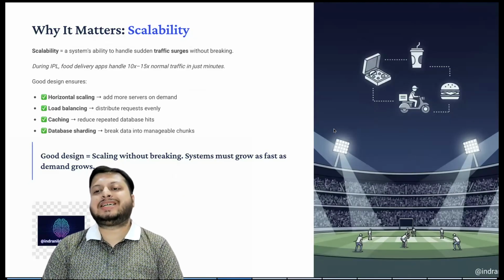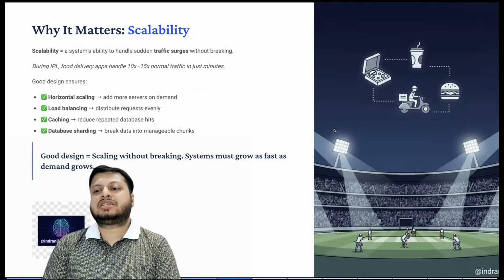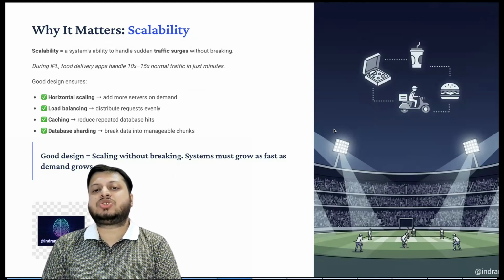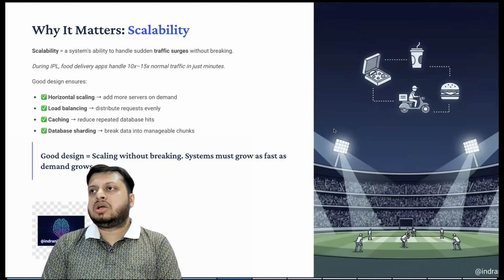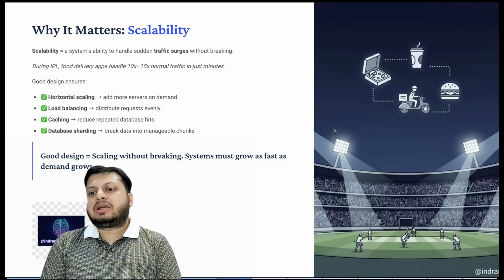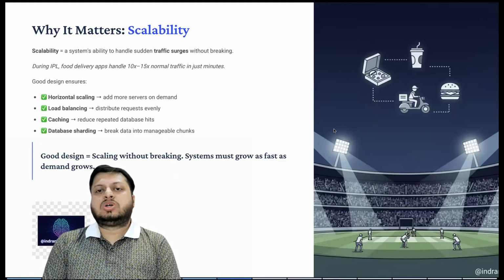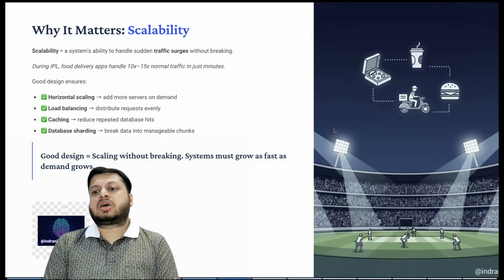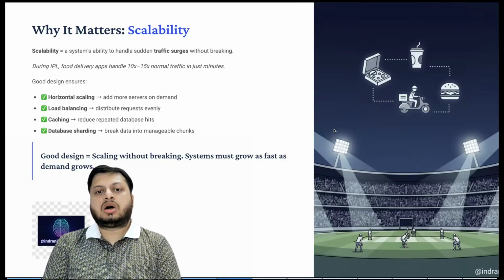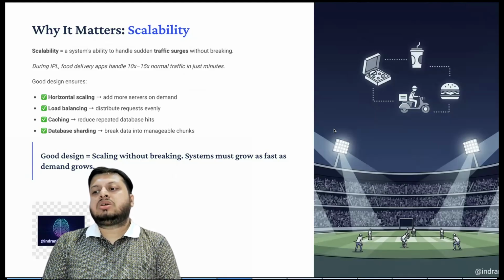Okay, so we are discussing scalability. It's the system's ability to handle traffic surges. So let's say during a normal match, there might not be too many viewers, but during the IPL, a crunch match, your food delivery apps see a surge.